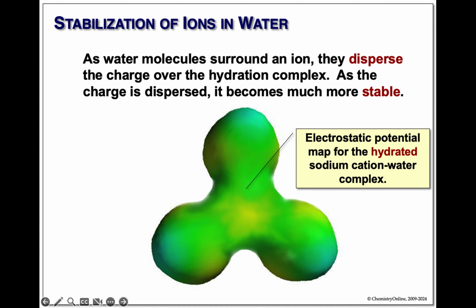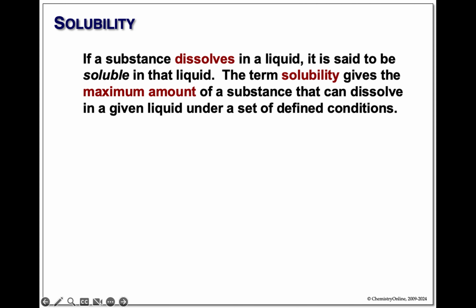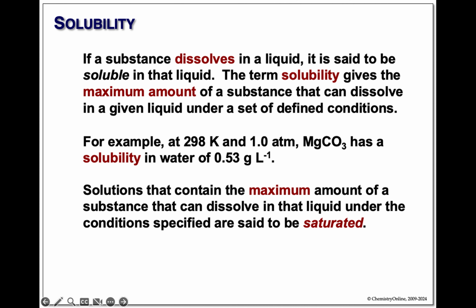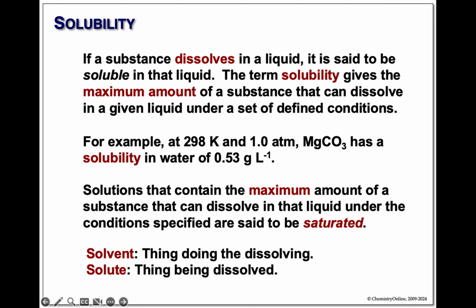Let's talk a little bit about the concept of solubility, definitions, and whatever. Solvent is the thing doing the dissolving. Solute is what we call the thing being dissolved. When we say something has a solubility, that's represented by a number, usually in grams per liter.